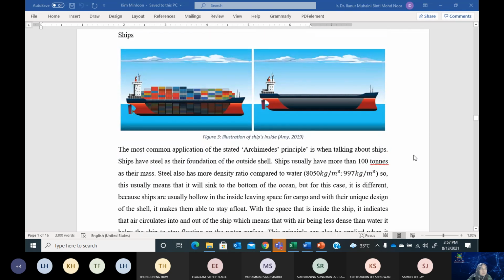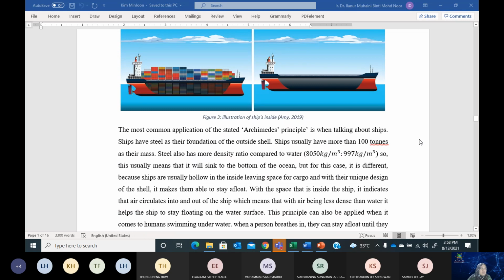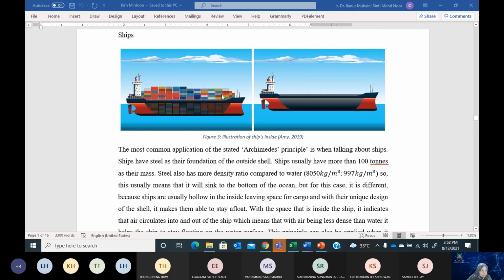So in the ship, "most application of the stated Archimedes principle is when talking about the ship. Ships have steel as their foundation of outside shell. Ships usually have more than 100 tons." Okay, after whatsoever, even though ships are heavy, but they are not sinking, right?